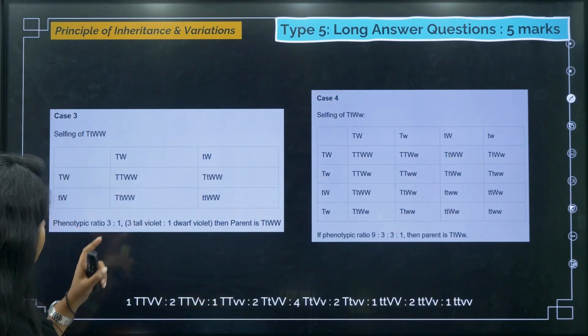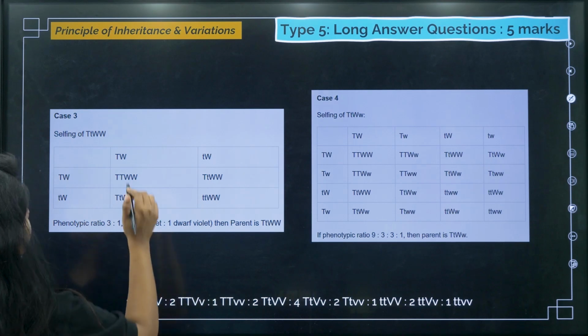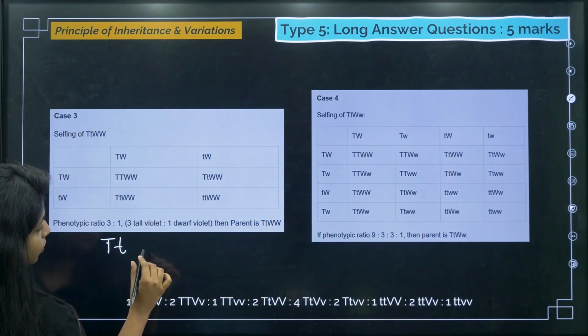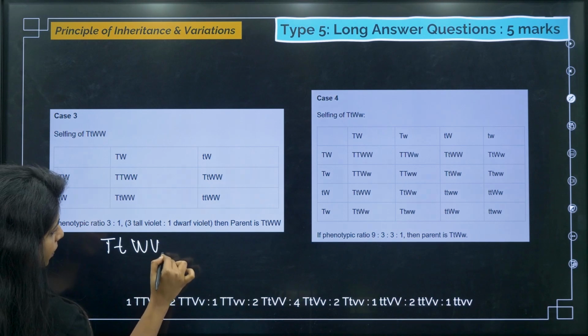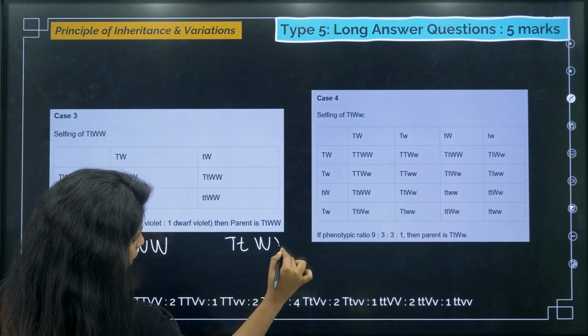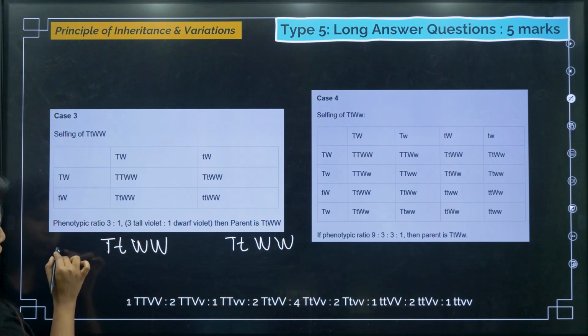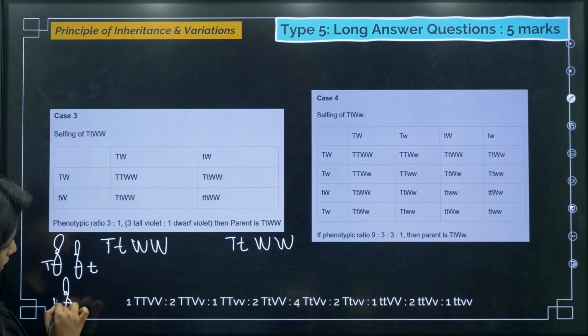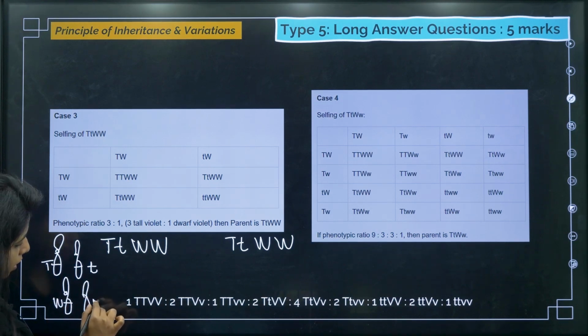Next, going with this, here capital T, small t, and capital W is there. Over here also capital T, small t, capital W. On the chromosomes, you see, it's capital T or it can be small t. It's capital W anyways. Oh, sorry, capital W only.